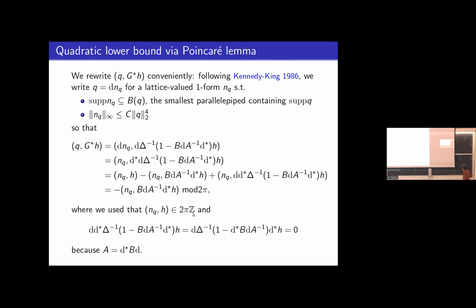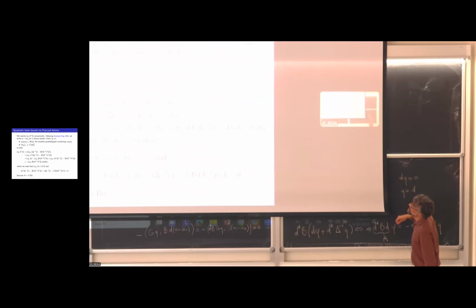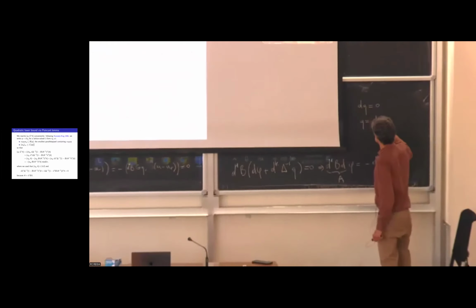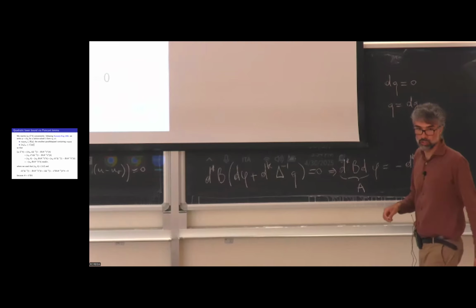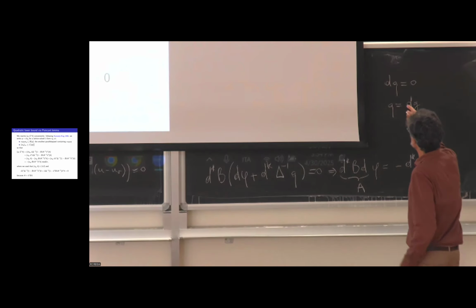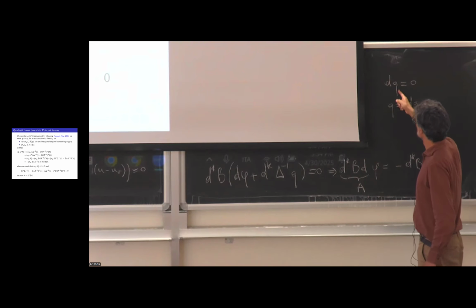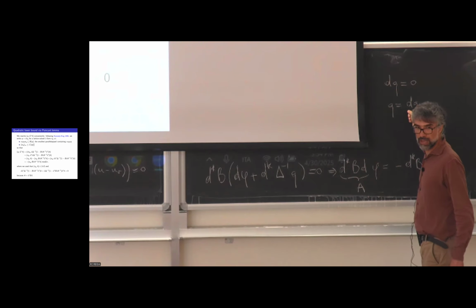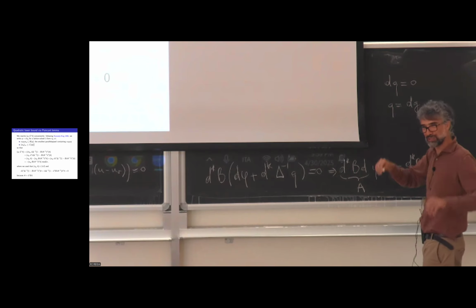So you can always find some 1 form G such that Q is equal to dG. And actually, since Q is a lattice valued form, G can also be chosen lattice valued. You have to think about it, but this is also true.